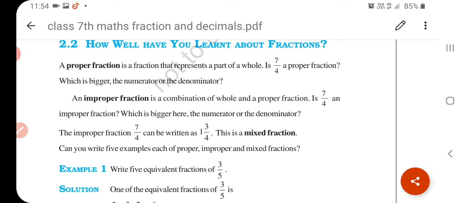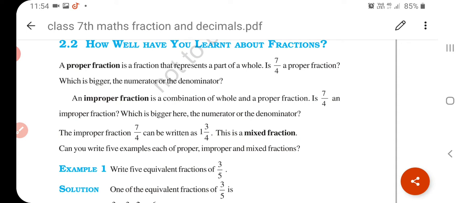And if the denominator is different, we can say that it's an unlike fraction. So we have learned total 5 to 6 types of fraction. First is unit fraction, then like fraction, unlike fraction, proper fraction, improper fraction, and last one is mixed fraction.